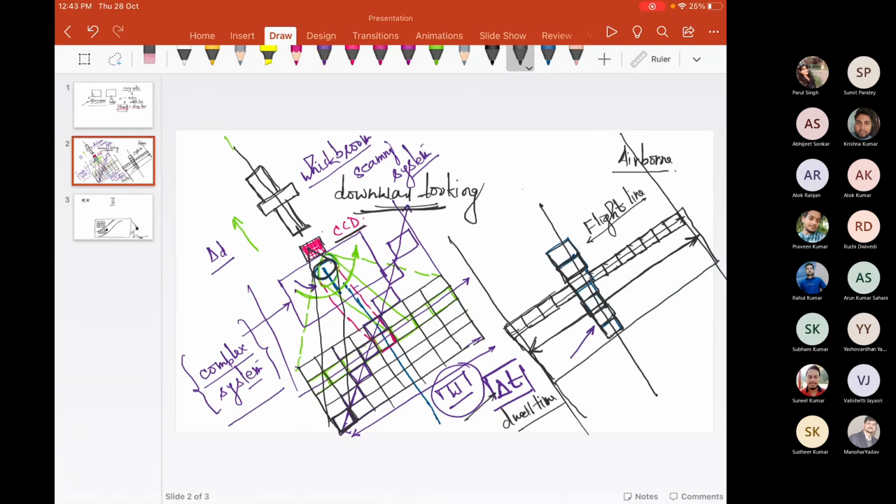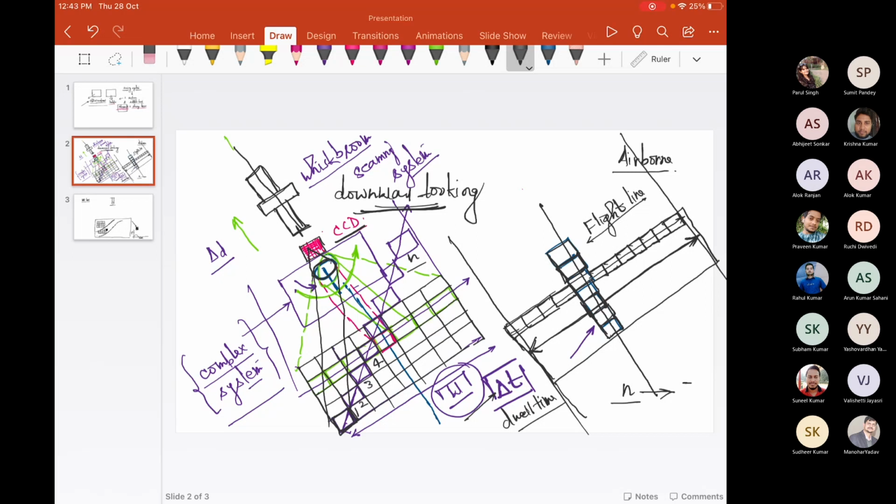Let's say there is a total of n ground resolution cells, from 1 to n, that we consider across the flight line.